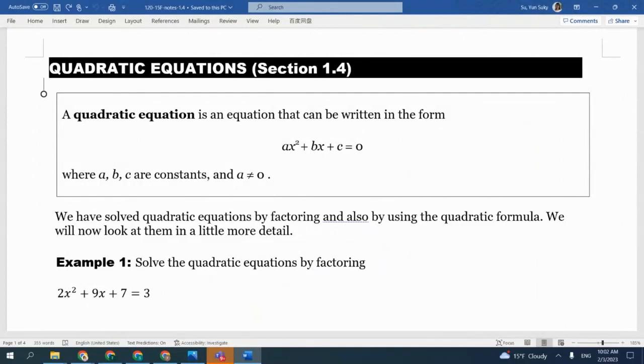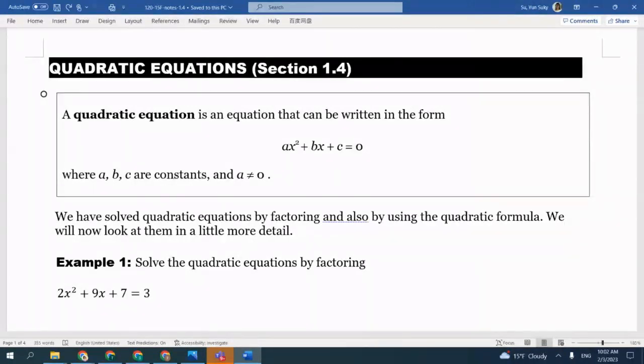Okay, quadratic equations. A quadratic equation is an equation that can be written in the form ax squared plus bx plus c, where a, b, c are constants and the variable is x. Right, everybody? Quadratic, degree 2.